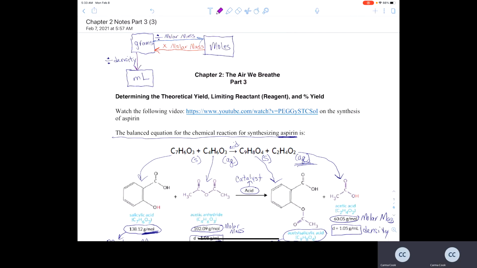If I know milliliters, I can convert the milliliters to grams by multiplying by density. So density and molar mass can be used as conversion factors to convert between grams and milliliters, or milliliters to grams using density, or convert grams to moles, or vice versa, moles to grams, by using the molar mass as a conversion factor.